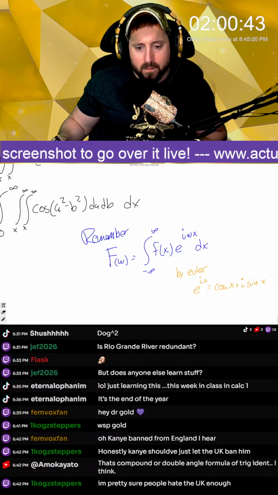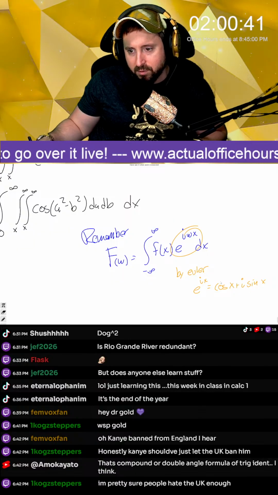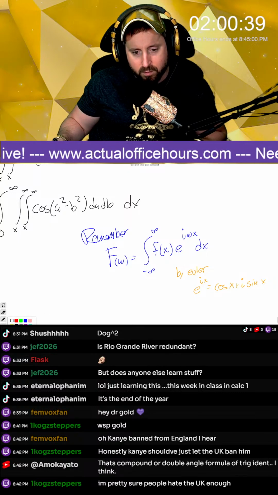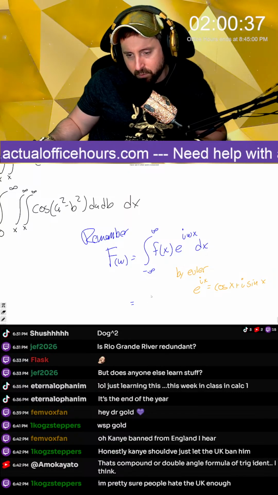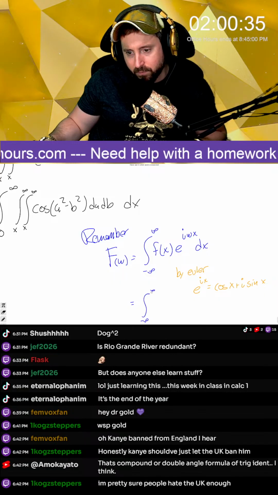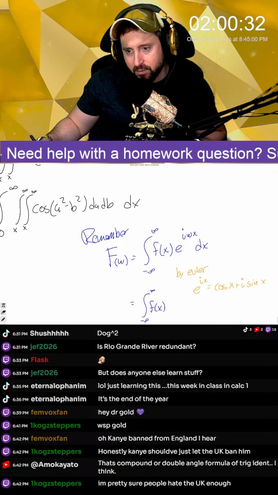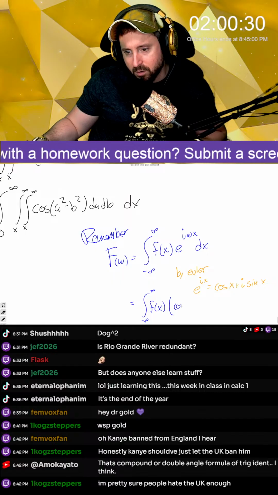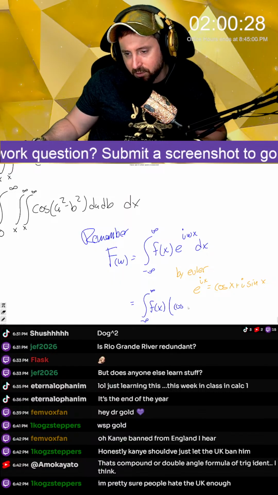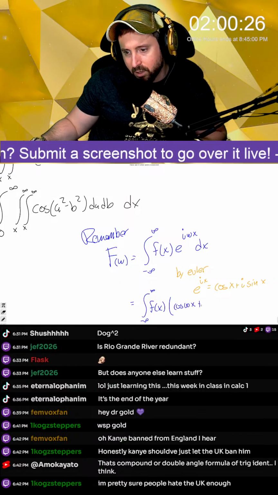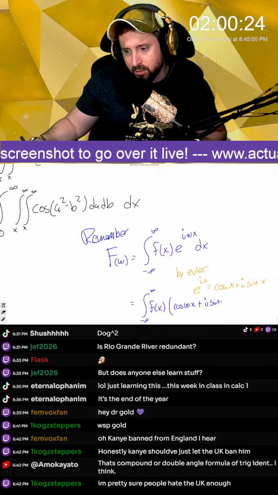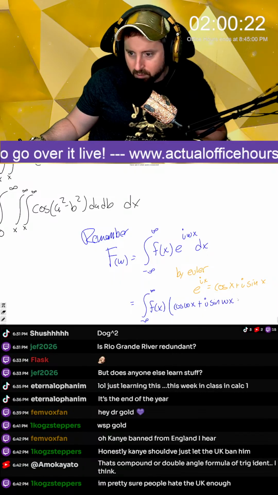Okay. So we can rewrite this in terms of this. This is going to be equal to the integral from negative infinity to infinity of f of x, and then it's going to be cosine omega x, sorry, plus i sine omega x. I think we're good.